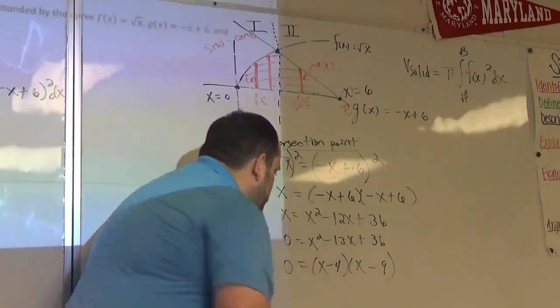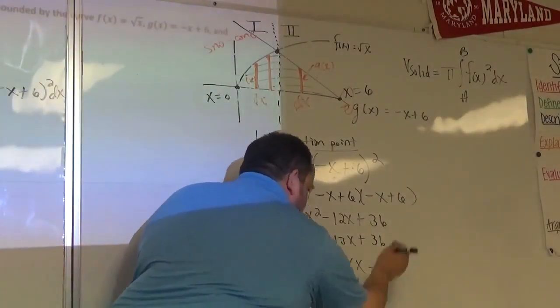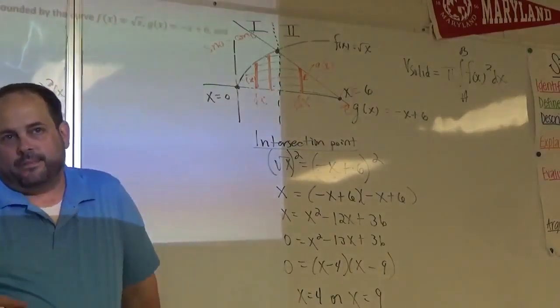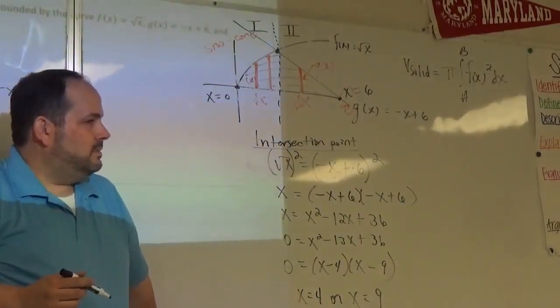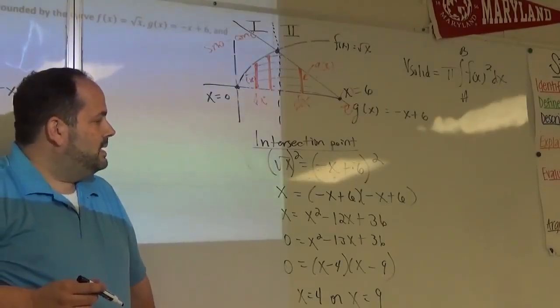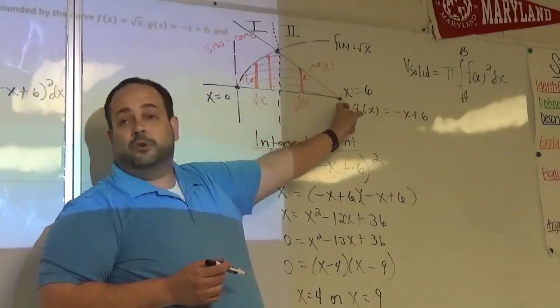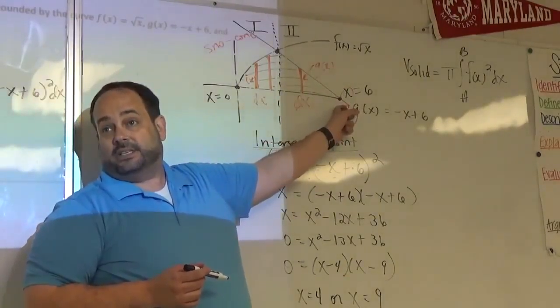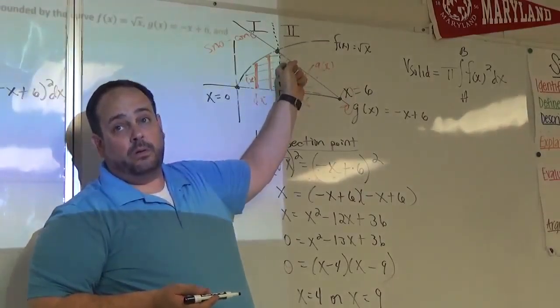If 0 equals x minus 4 times x minus 9, then x equals 4 or x equals 9. Which one? It has to be x equals 4. If this root over here is at x equals 6, and the intersection point happens before, it has to be 4.